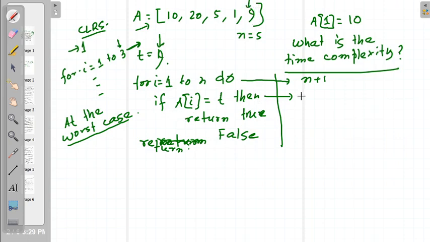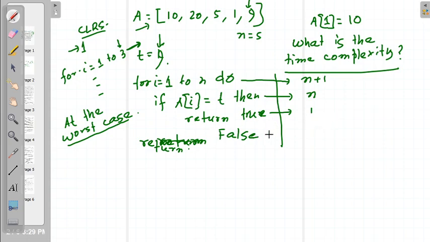So then this checking will be done n times, right? How many times will this statement be executed? 1 time. If it is true, then it will definitely be executed 1 time.